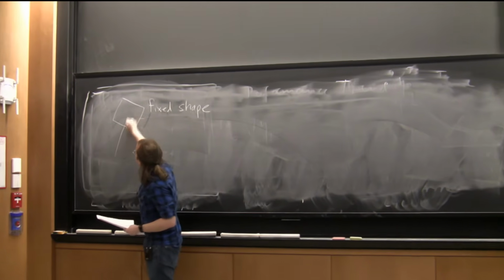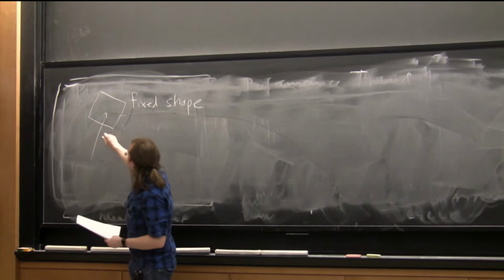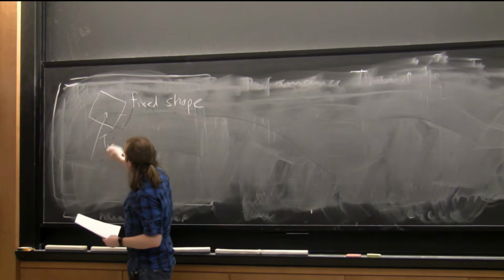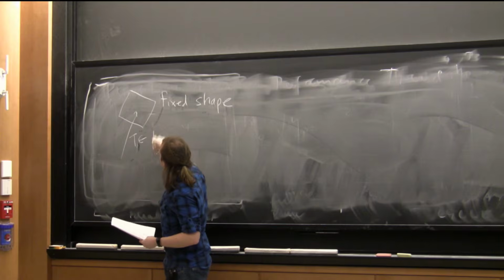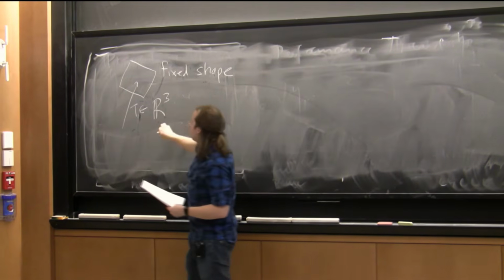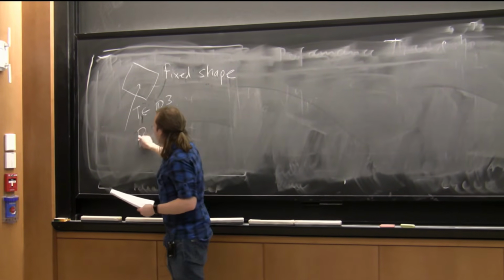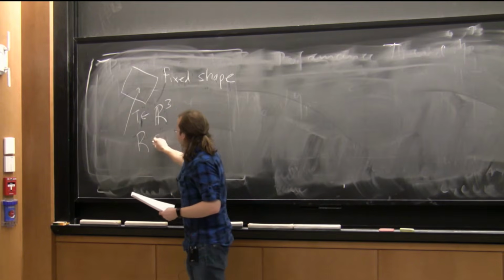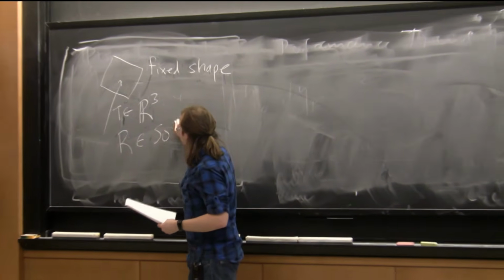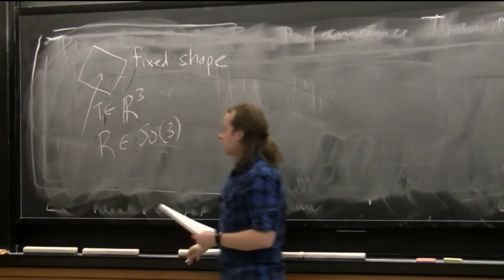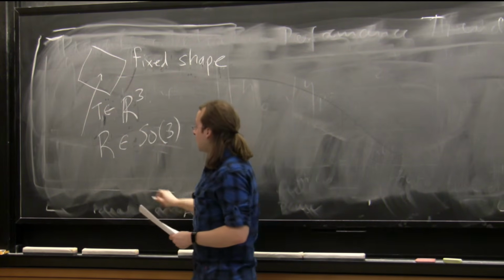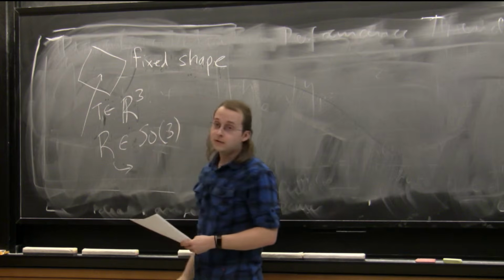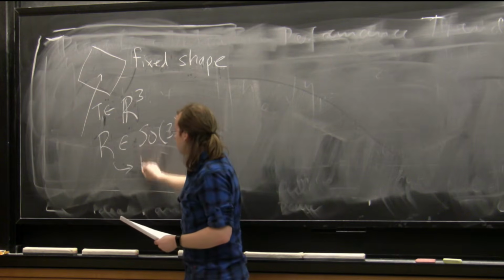And this object has some pose in space, which is a translation, which is 3 real numbers, and a rotation. Rotations are kind of hard to say what exactly they live in. Formally, they live in a special orthogonal group of matrices that satisfies some specific conditions. But for what I'm going to talk about, we're generally going to treat them as 3x3 matrices.